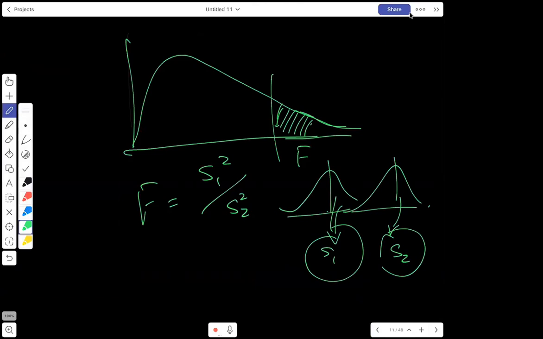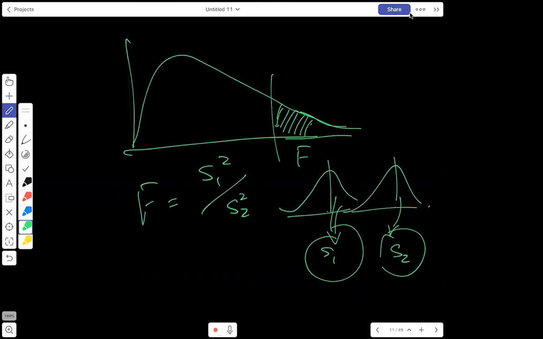If I take the ratio of those two standard deviations, or actually, sorry, the variances, because I have to square the standard deviation to get the variances. If I took all possible combinations of S1 and S2, then I get an F distribution.